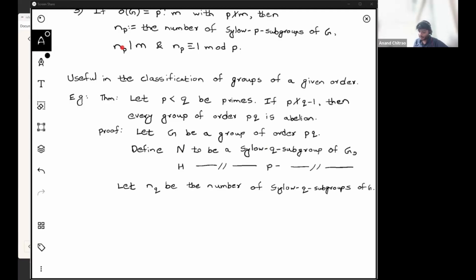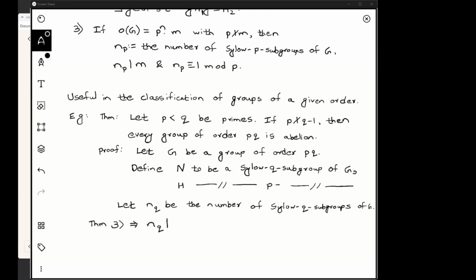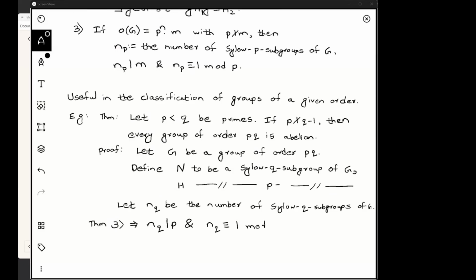Then what do we know? We know from Sylow's third theorem that nQ divides, what should it divide? P. Yeah, nQ should divide P, and nQ should be congruent to 1 mod Q. It's a Sylow Q subgroup, right?